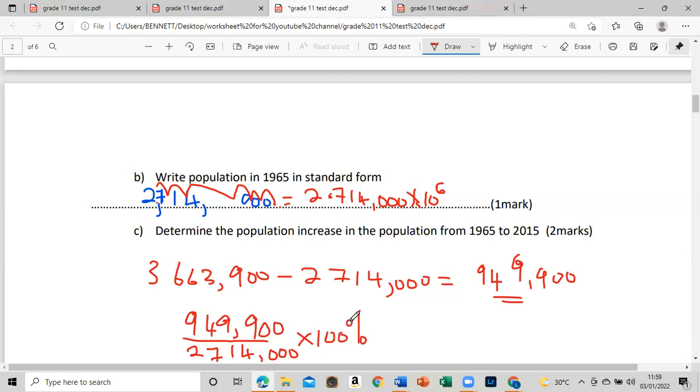So I'm just using the calculator this time. One, two, three. So that's 35% increase, right?